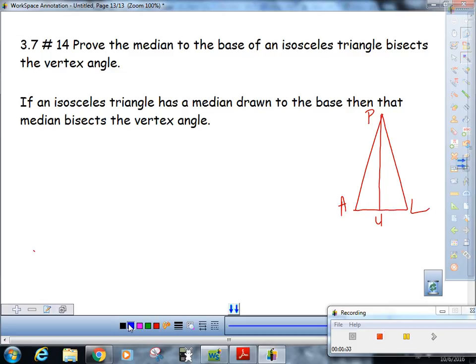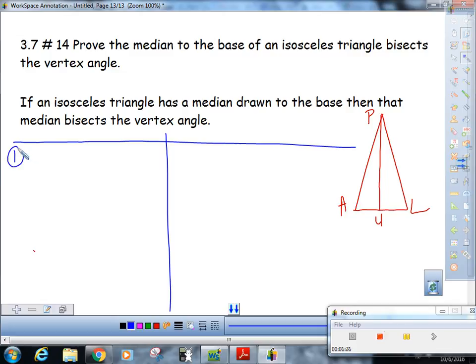Now, let's list out our given, and then we'll mark our triangle. So what are we given? Triangle PAL is isosceles with P as the vertex angle. You could have also said with side PA congruent to PL. That would have been okay.